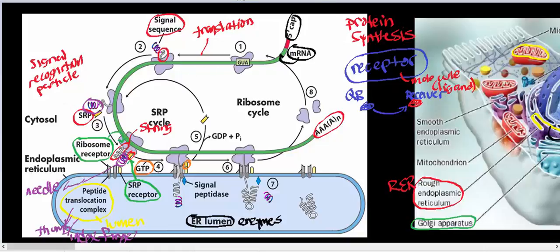We took a protein that was outside in the cytosol, and we essentially pulled this protein inside the lumen of the rough ER. What allowed us to do that? The peptide translocation complex pulled on the signal sequence and literally pulled it into the rough ER lumen.